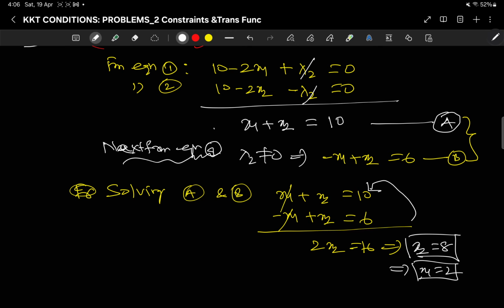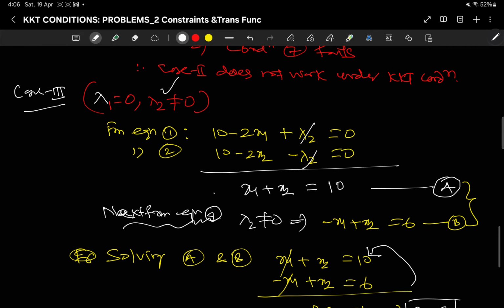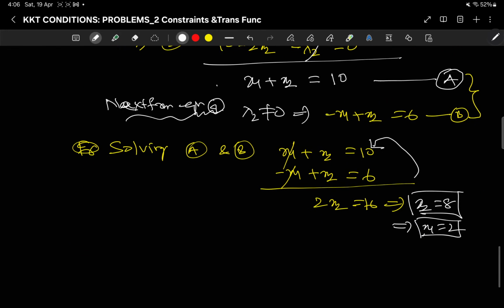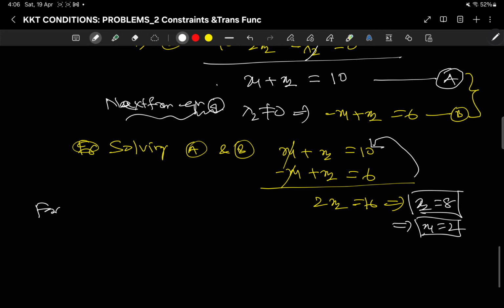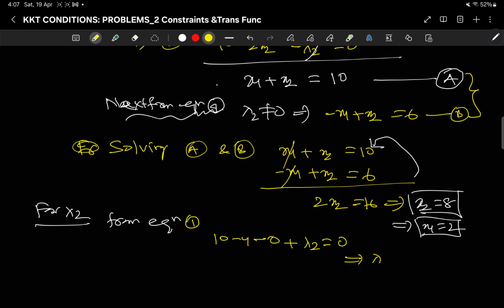Now we have to find the value of lambda 2. From equation 1 you have 10 minus 4 minus 0 plus lambda 2 equal to 0. So that means lambda 2 is equal to minus 6.